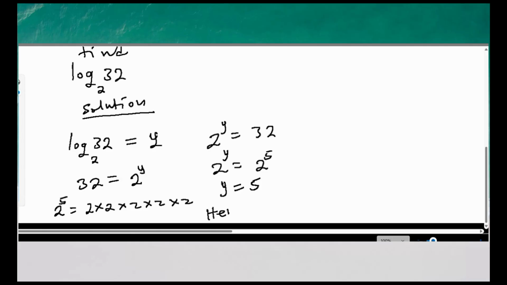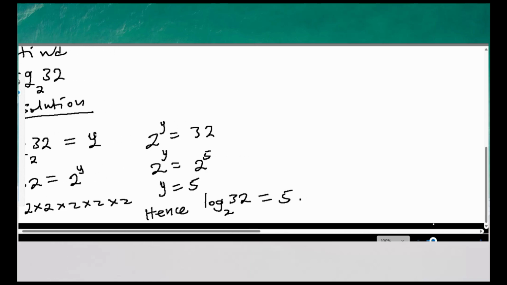Hence, log 32 base 2 is equal to 5. Yeah, so by the definition, we have been able to find log 32 base 2.